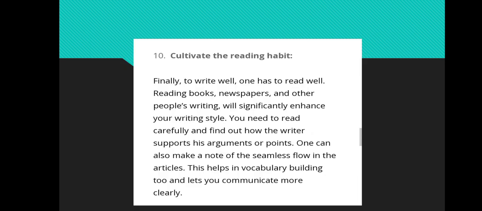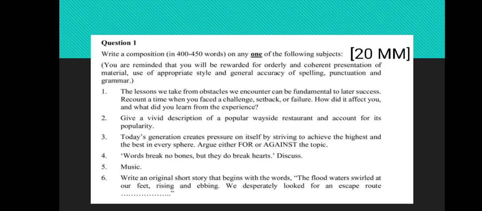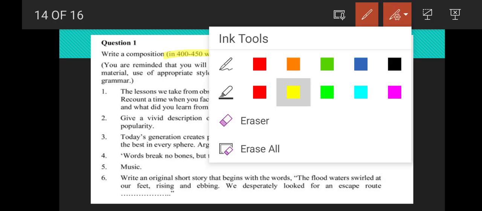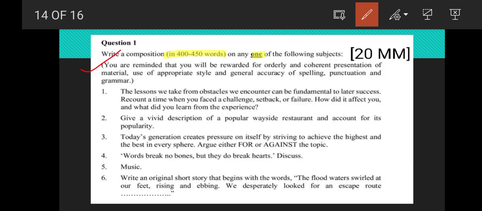Now let me tell you how the 20 marks of composition come. As shown in bold letters, you have to attempt any one composition. It is of 400 to 450 words. Now read this point very clearly.